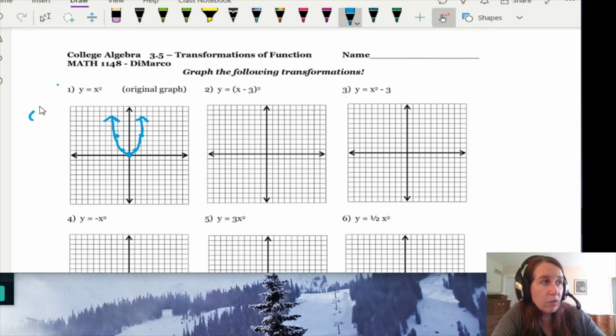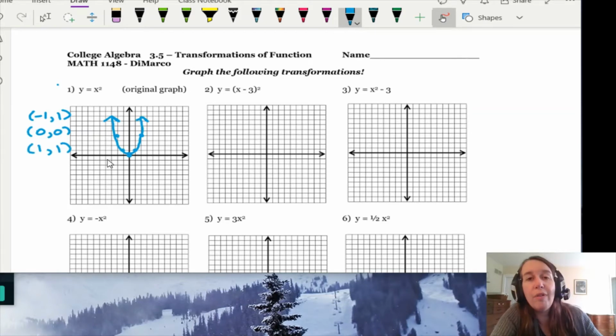So the original graph, untransformed, the points that we want to use are -1, 1, 0, 0, and 1, 1. So you want to be familiar on the basic graphs with at least 3 points on each graph. More are fine, but 3 really is enough if you know what the graph looks like too.